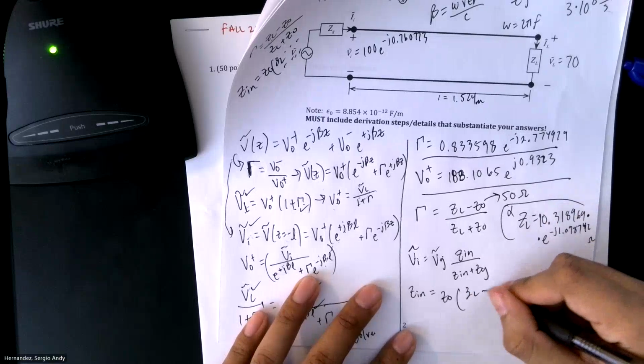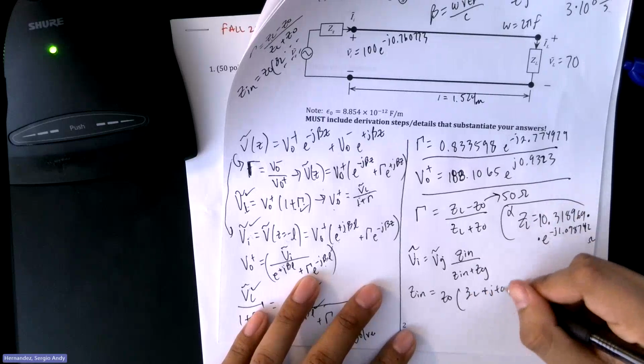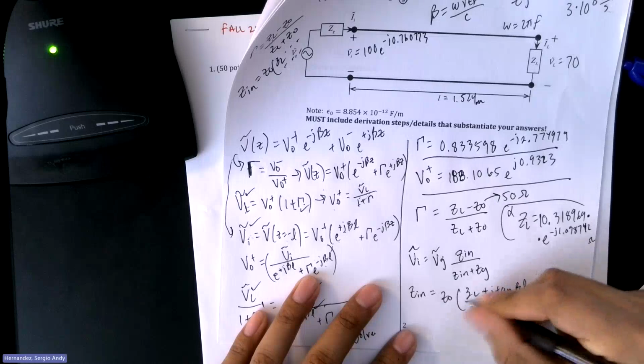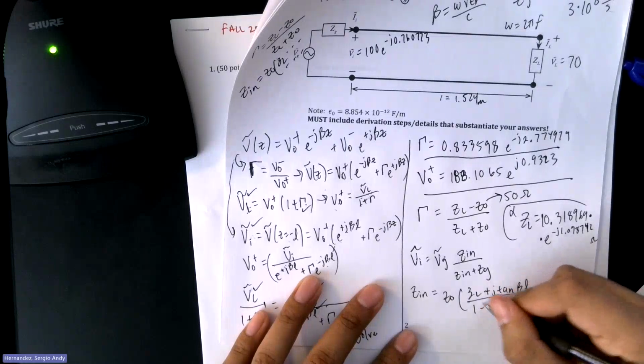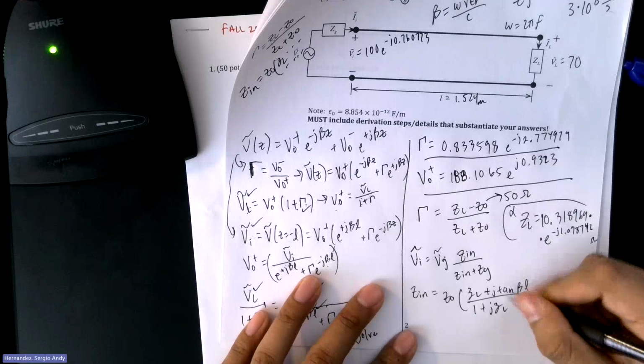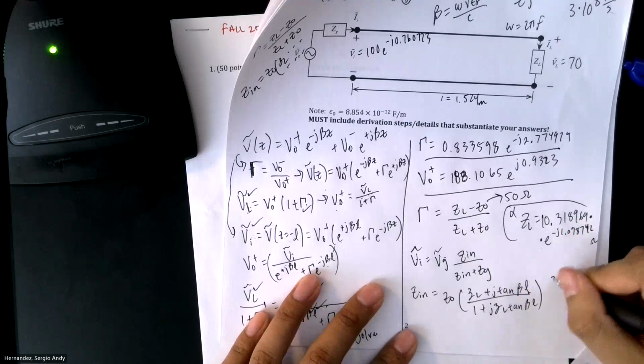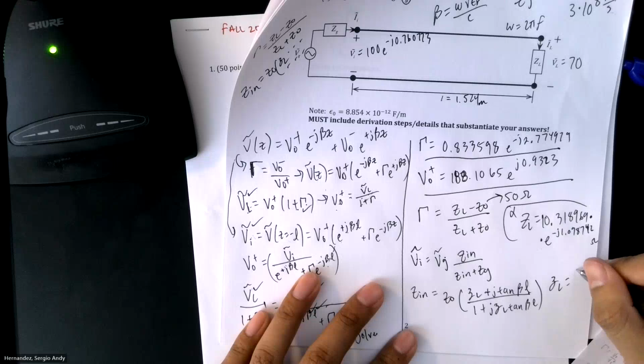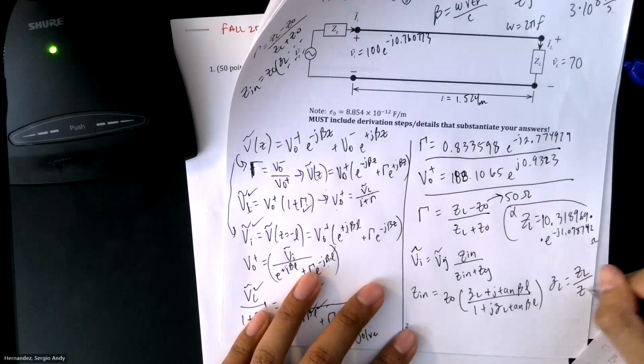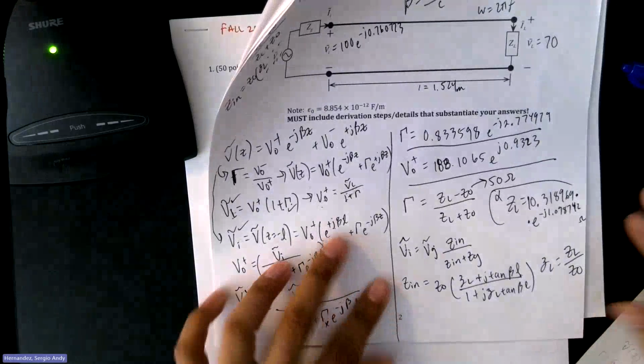ZL plus j tangent theta L over 1 plus j ZL tangent theta L, where ZL is the normalized impedance, right?